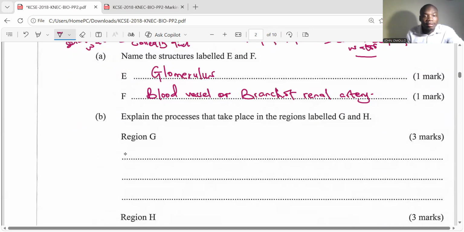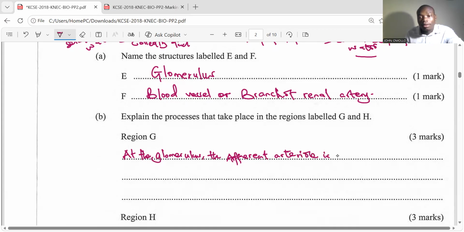So we can say that at the glomerulus, the afferent arteriole is wider compared to the efferent arteriole.